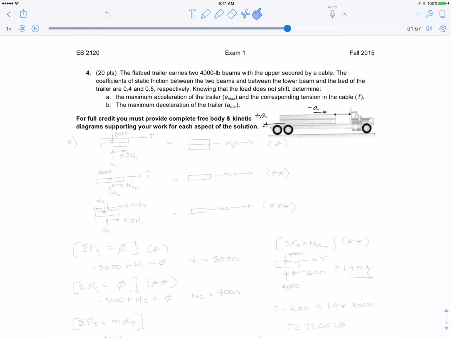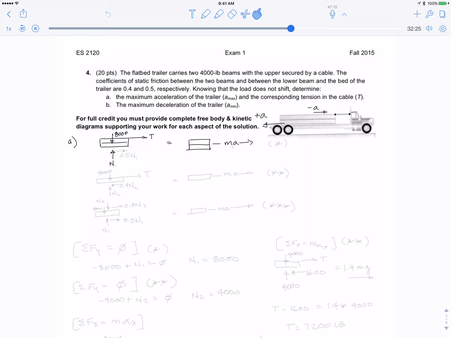Okay, so I'm going to do problem A first, and I did it by drawing 3 free body diagrams. The two together, which weigh 8,000 pounds.